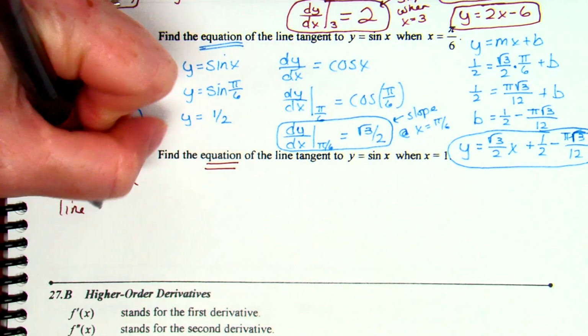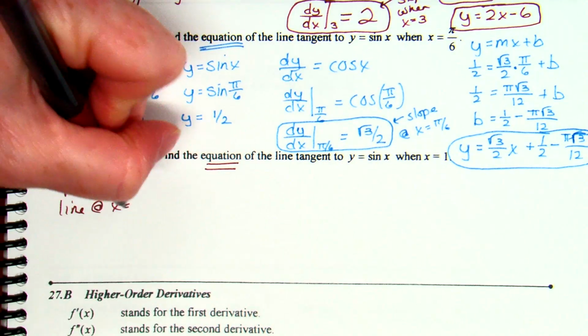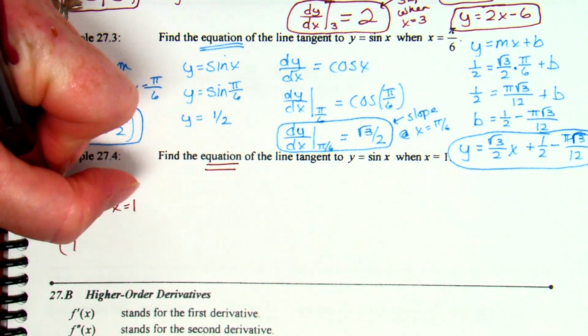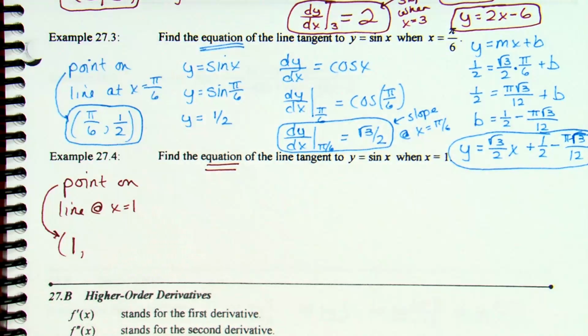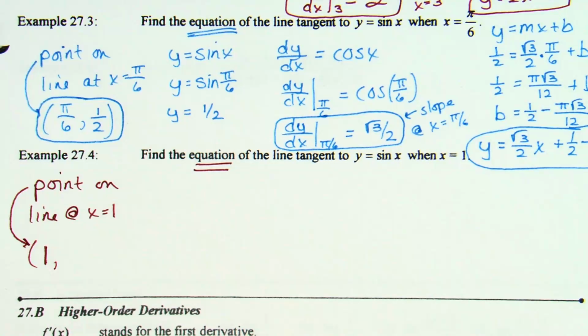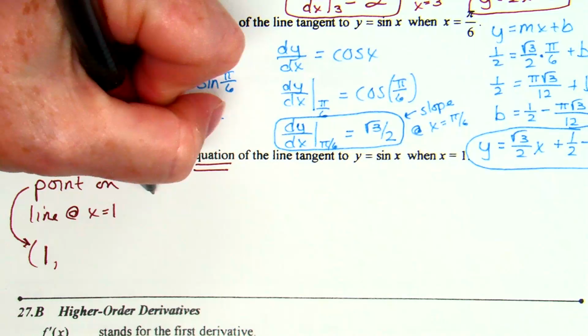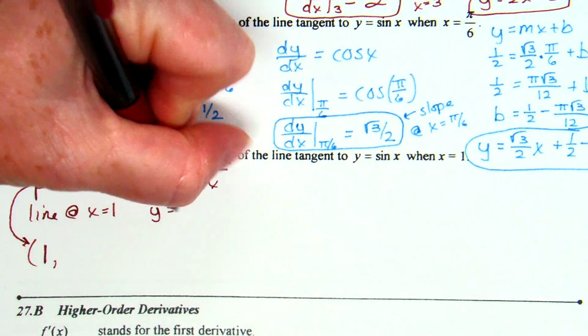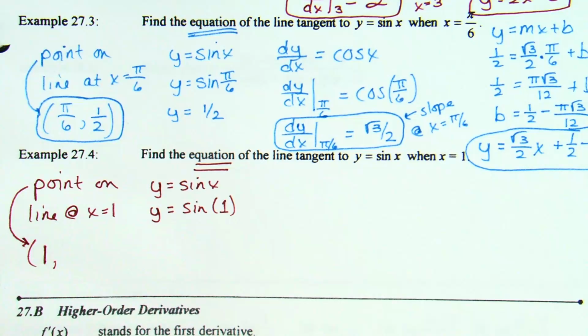The point has x of 1. What's the rest of that point? We don't have it. How do I find it? Using y equals sine x, we're going to plug in 1. What is the sine of 1?